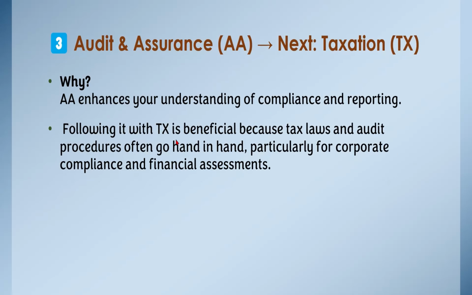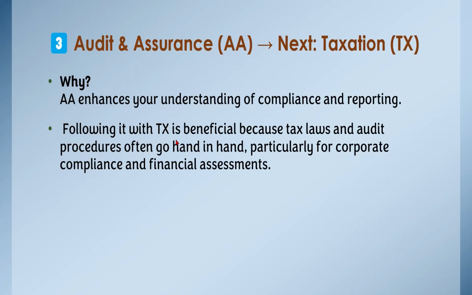Now, if you are done with AA, and I don't think many of you will choose AA as a first paper, but if anyone has done so, in that case you can go for taxation. So what you can do is give FR, then audit, then taxation.